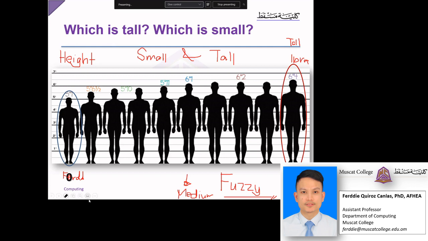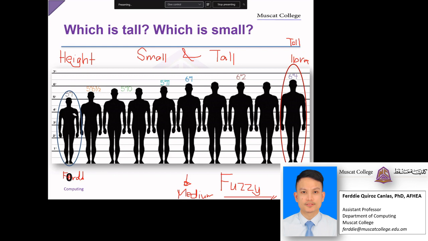If you are small, it's 0. If you are tall, it's 1. Agree? Because our modern computers run in binary format, meaning 0, 1, 0, 1, or 1, 1, 0, 0, something like this.